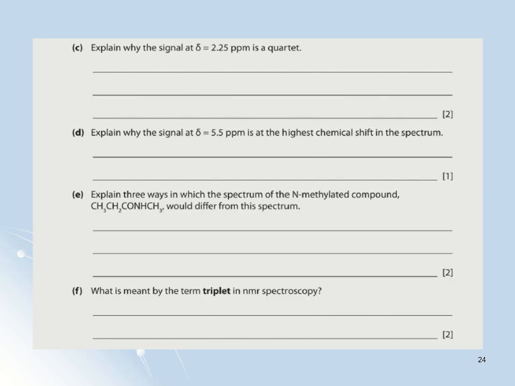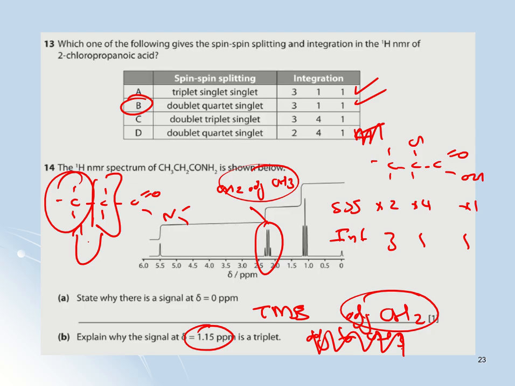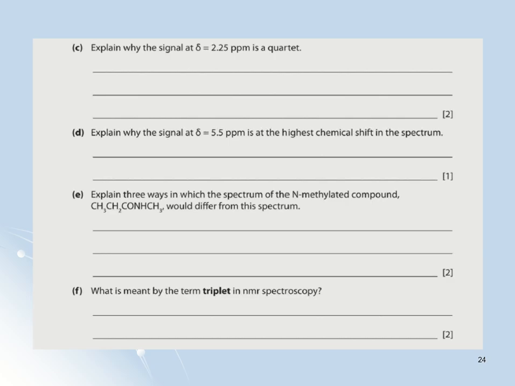Explain why the signal at 5.5 has the highest chemical shift. Well, it is the highest chemical shift because these are the hydrogens here, which are adjacent to electronegative nitrogen, so they're mostly deshielded. Explain 3 ways in which the spectrum of the N-methylated compound would differ from this spectrum. So the N-methylated compound.